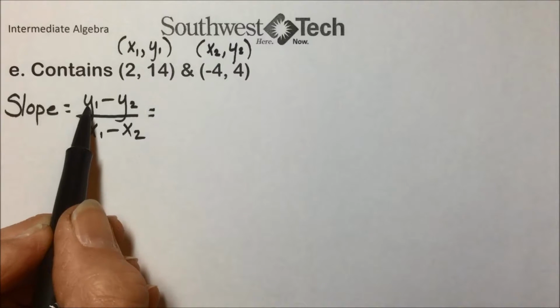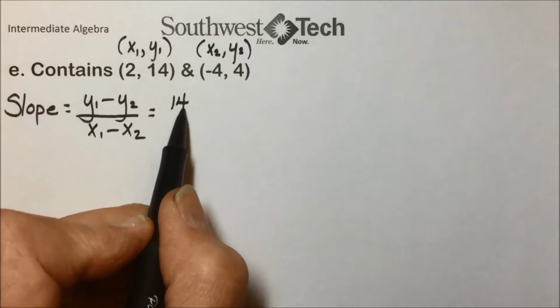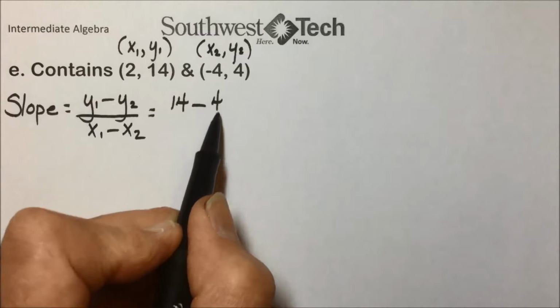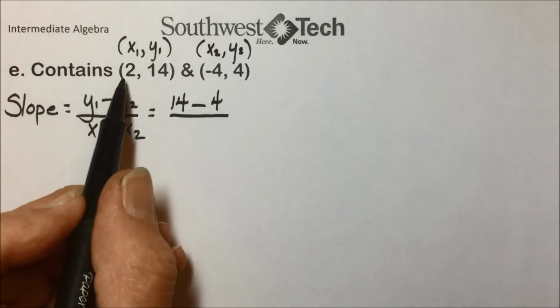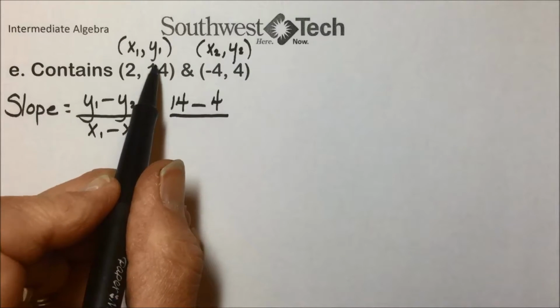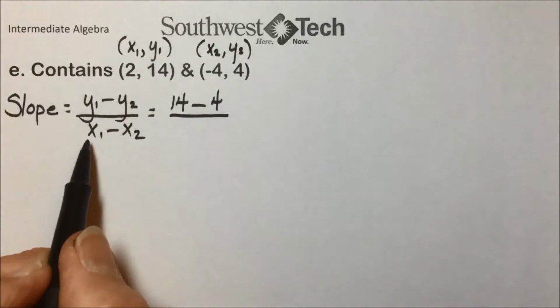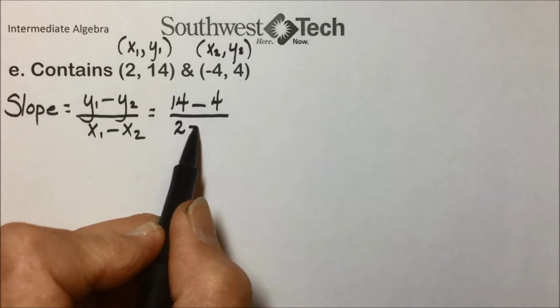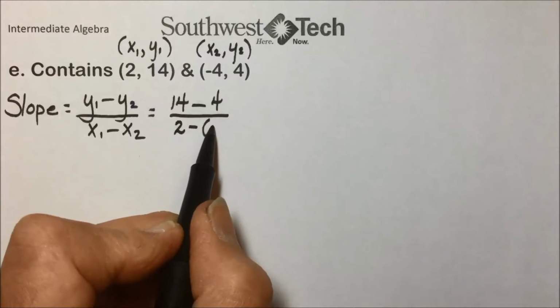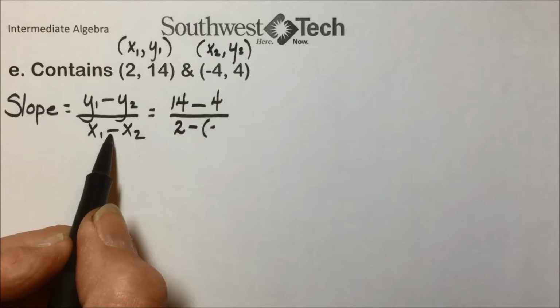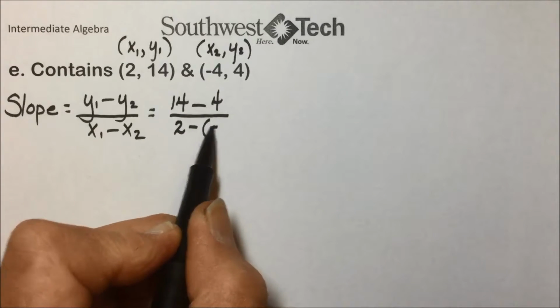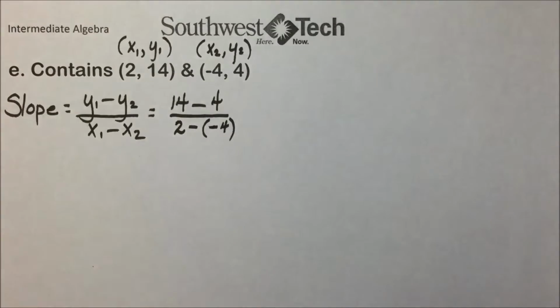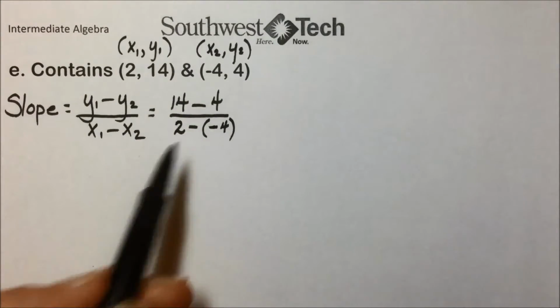So, starting with y sub 1, which is 14, minus y sub 2, which is 4, over, since we started with this y, we have to start with this x, and it's indicated with the variable assignment, 2 minus a negative 4. The subtraction here does not take the place of the sign on the particular, in this case, x coordinate.